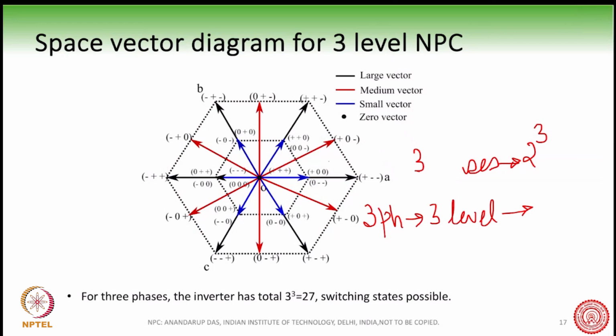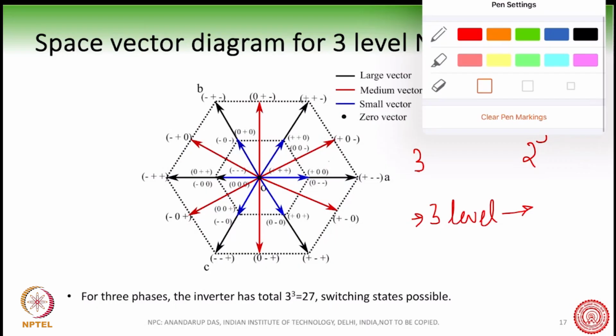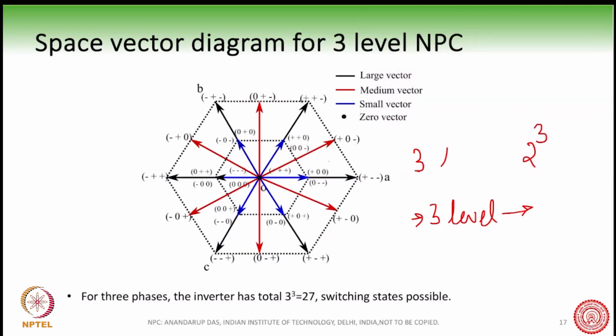Similarly, in a three-level converter, we have 3 levels in each phase, so we will have 3 to the power 3, which will be equal to 27 switching states, right?